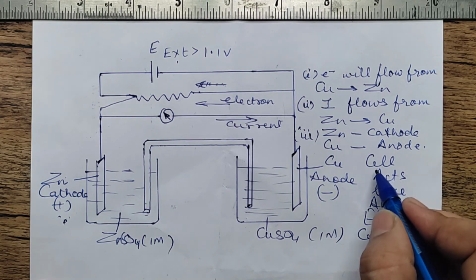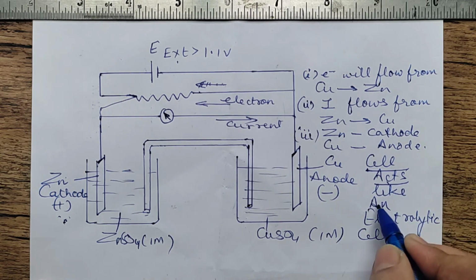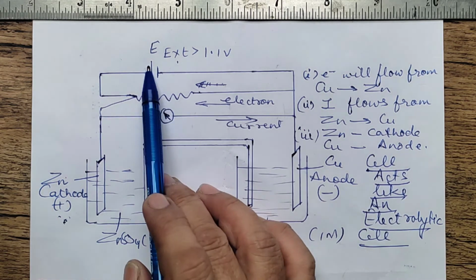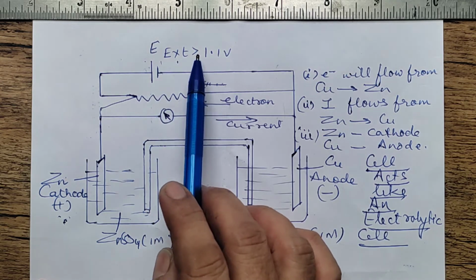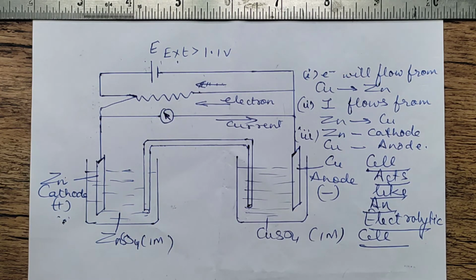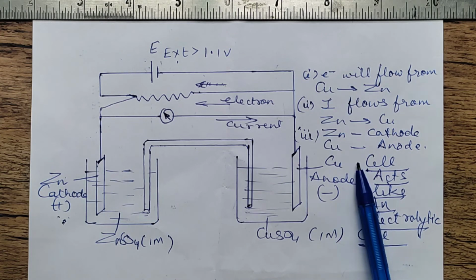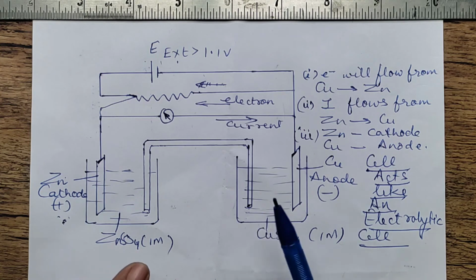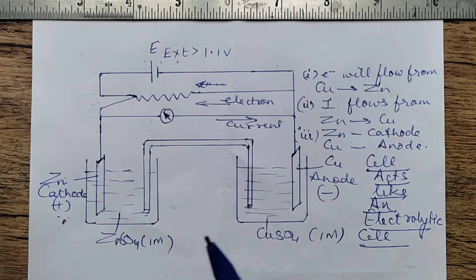In case you are asked under which condition the electrochemical cell will function like an electrolytic cell, you are going to write down: when the external potential is greater than 1.1 volt. Under those conditions, copper will act as anode and zinc will act as cathode. So the normal electrochemical cell will function like an electrolytic cell.